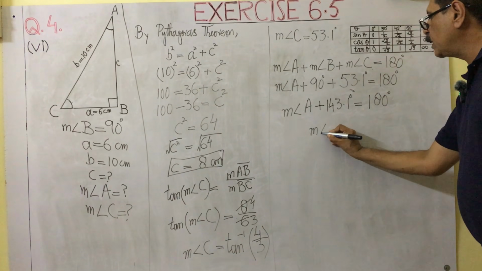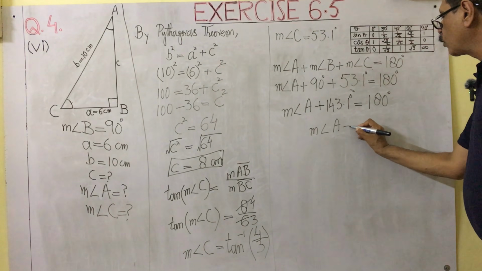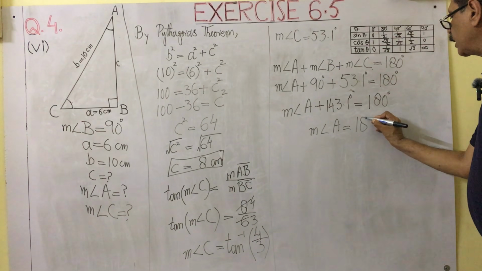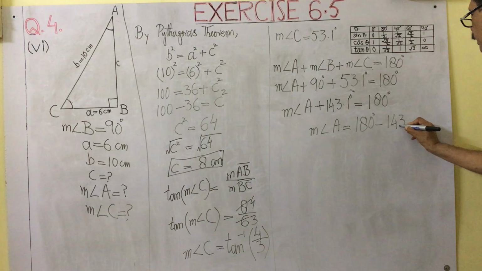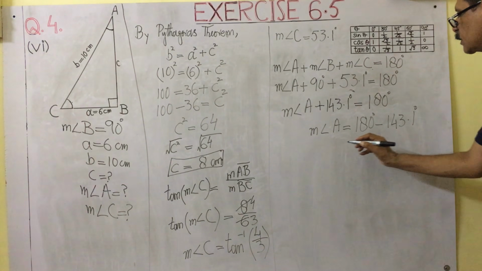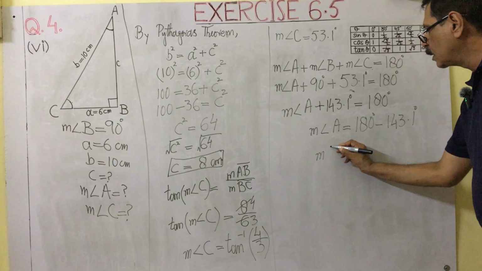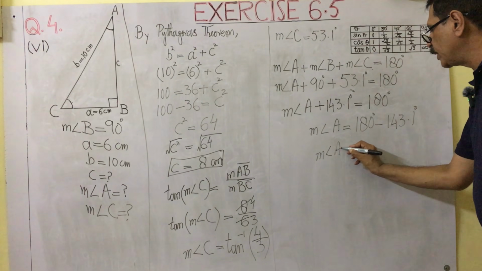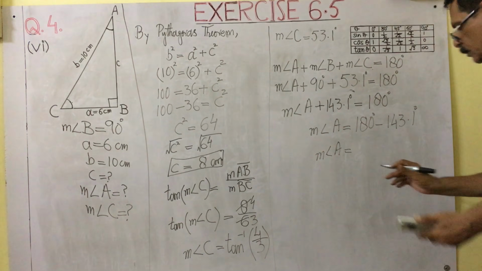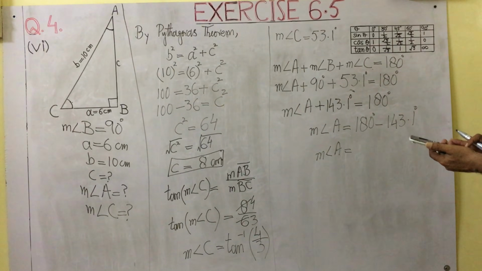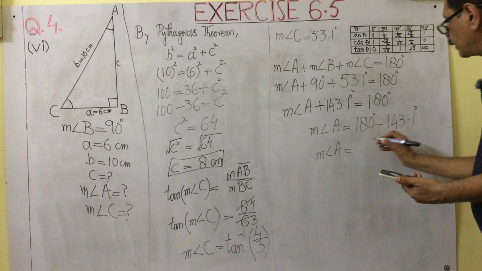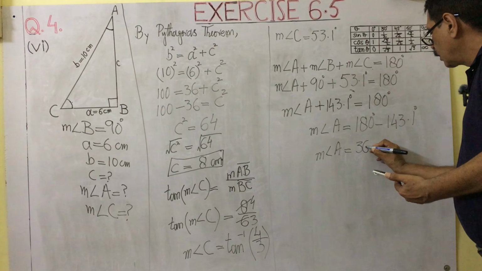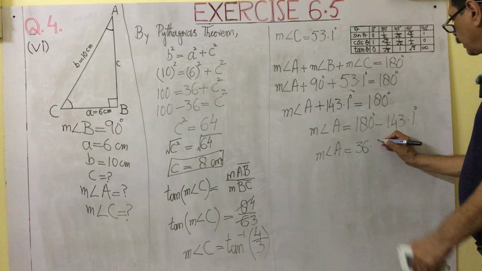So angle A is equal to 180 degrees minus 143.1 degrees. Angle A comes to be 36.9 degrees.